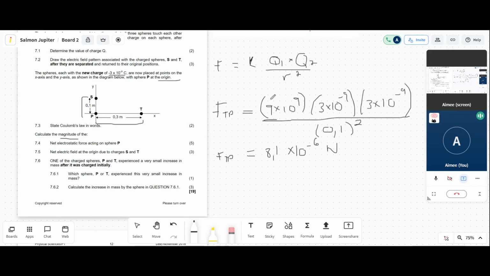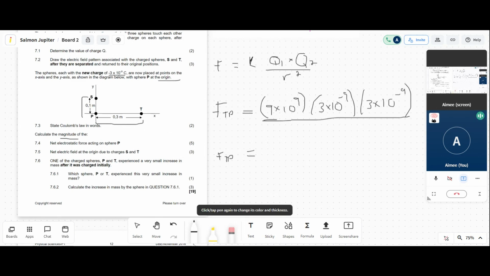Our constant stays the same. The charges on T and P are identical to the charges on S and P, so I don't have to change these values, but I do have to change the distance between them because the distance as stipulated on my graph is different.